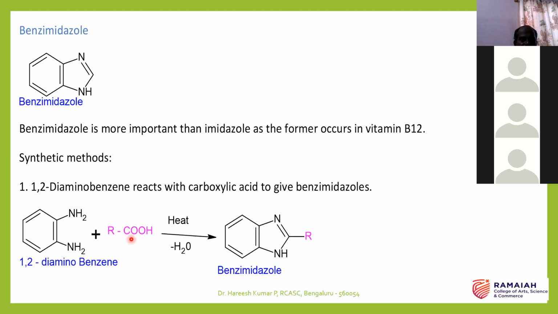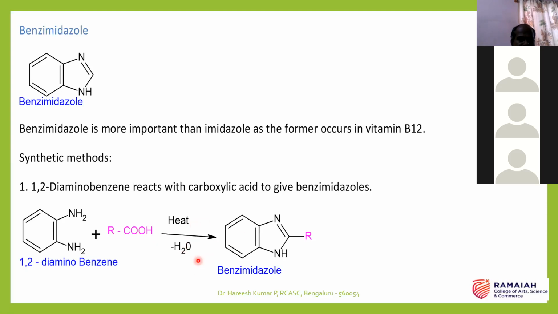Later on, that amide C=O reacts with this, that means O and H2 are removed, so there will be a formation of a new carbon-nitrogen double bond. That's what the product is. Here, it's only the removal of water. I think you are aware that if there is an elimination of small molecules like water, HCl, HBr, then we can say it's a condensation reaction.